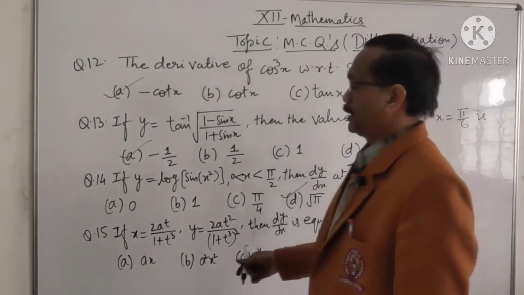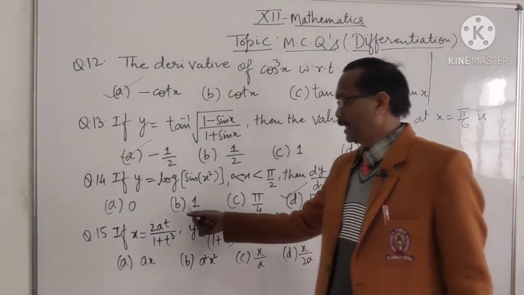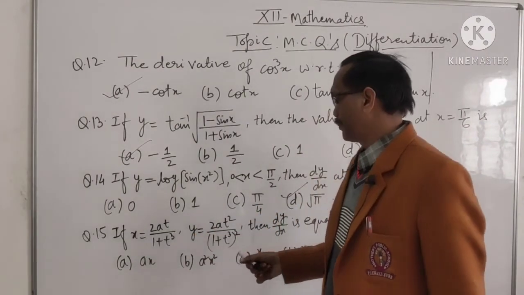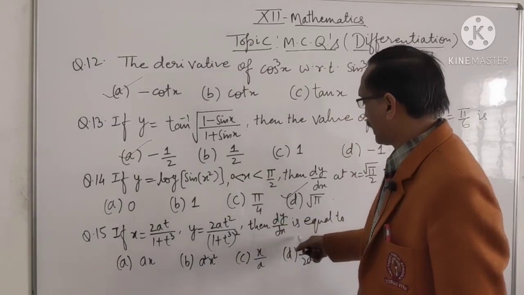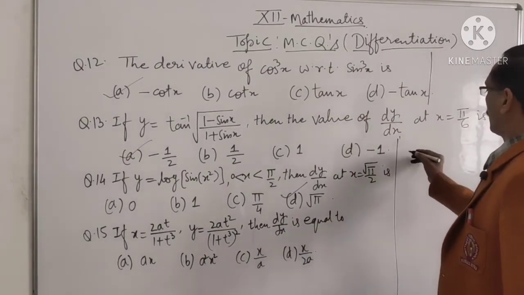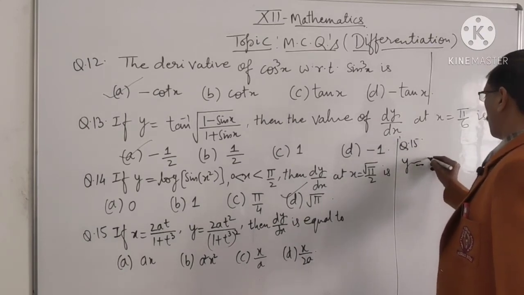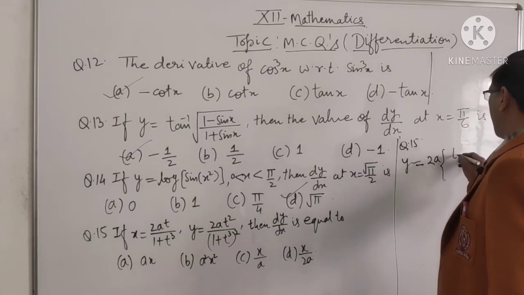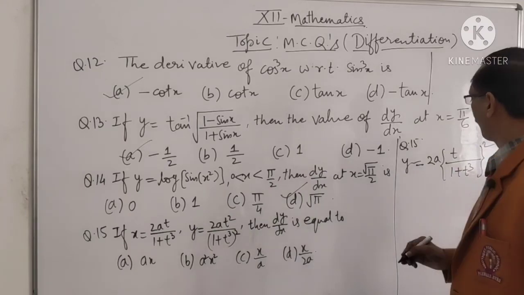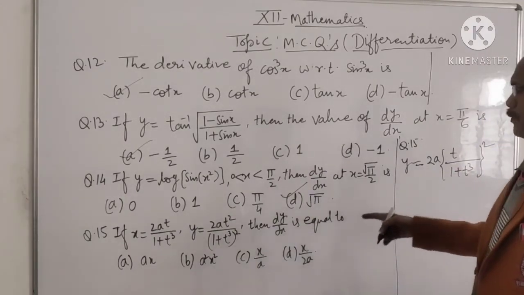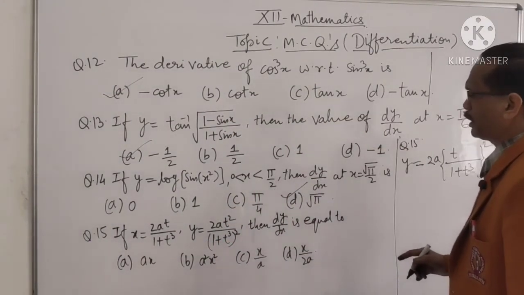Next is question number 15. If x equals 2at upon 1 plus t cube and y equals 2a t square upon (1 plus t cube) whole square, then what is dy over dx? So we can write y equals 2a into (t upon 1 plus t cube) whole square, and the value of t upon 1 plus t cube is x upon 2a.